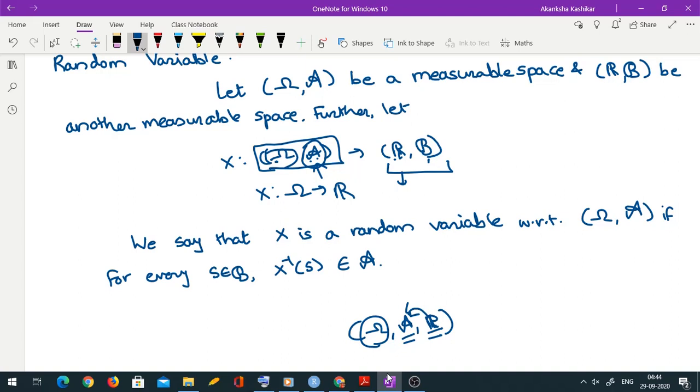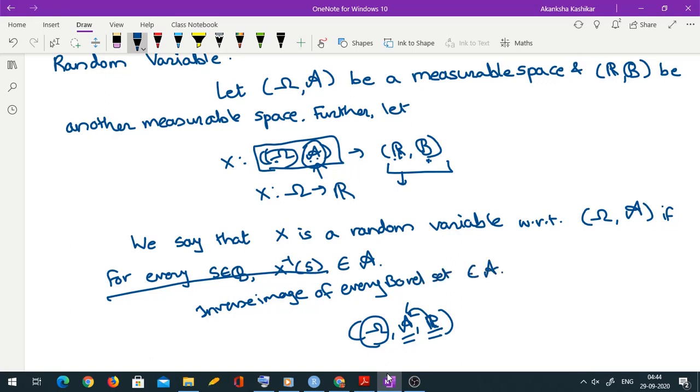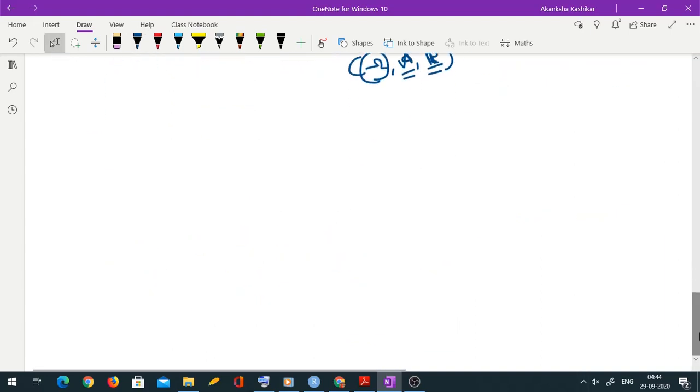So for that what we need is the inverse image of every Borel set to be in script A. Okay, so this is actually the same as saying the inverse image of every Borel set should belong to script A. Then we will say that X is a random variable.